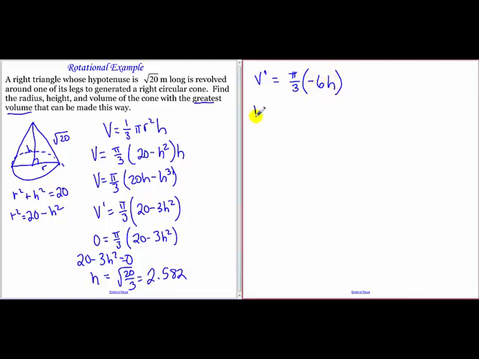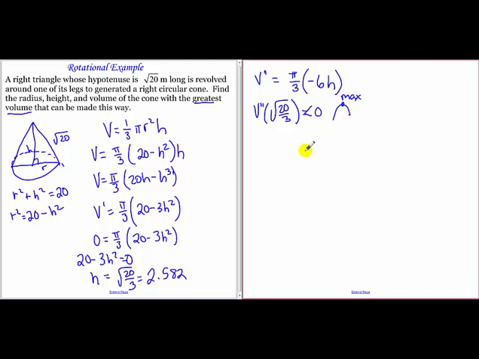I need to evaluate our second derivative at our critical point. I don't even really care what the value is. I just know, since I'm plugging a positive in, that it's going to be less than 0. So therefore, we're going to have a max.